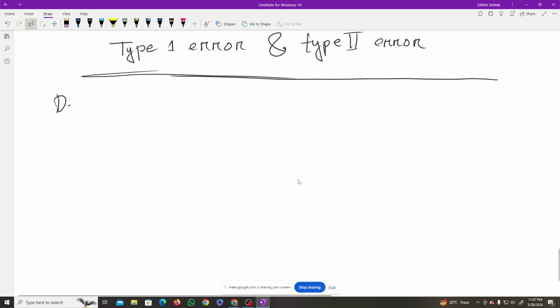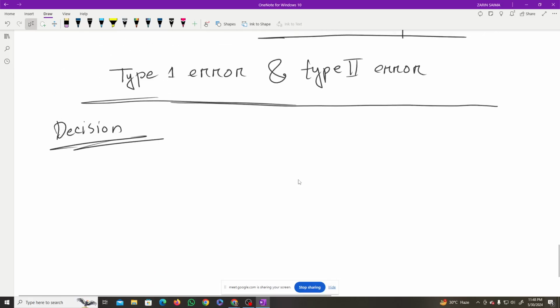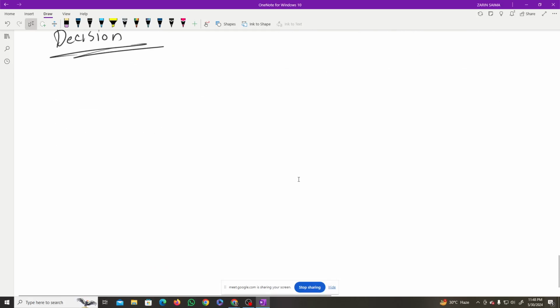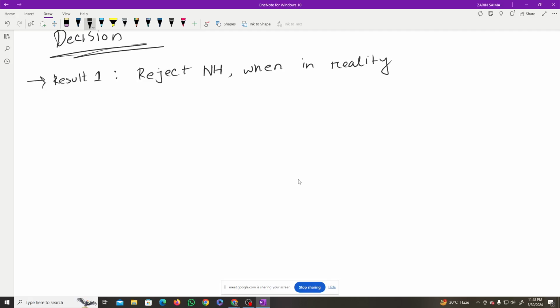Suppose you take your decision and your result will be something under these four situations. Suppose your result is like result 1, where you reject the null hypothesis when in reality it's false.